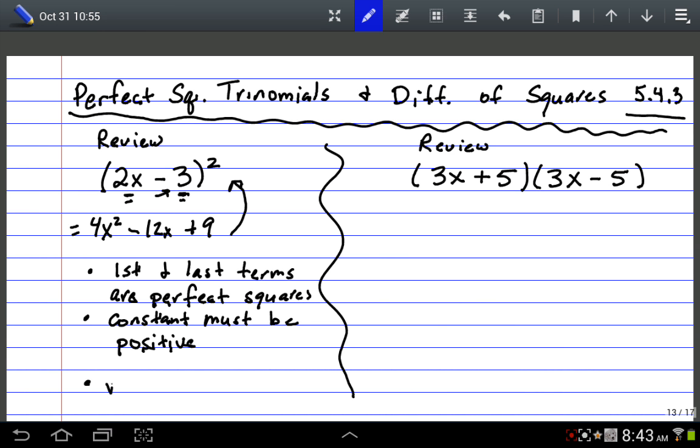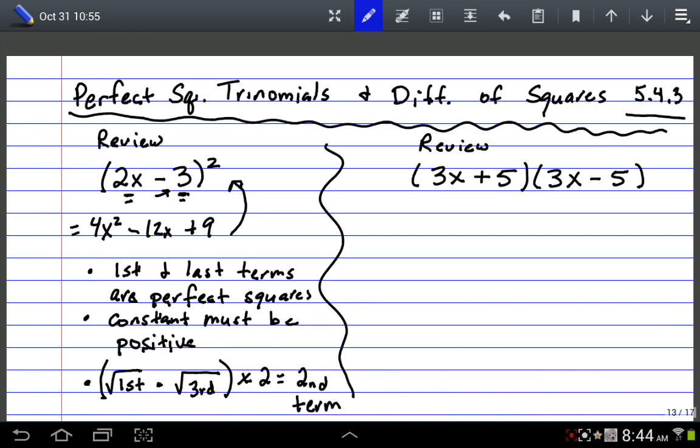The square root of the first term times the square root of the third term, or the last term, times 2 should be equal to the second term, or the middle term.